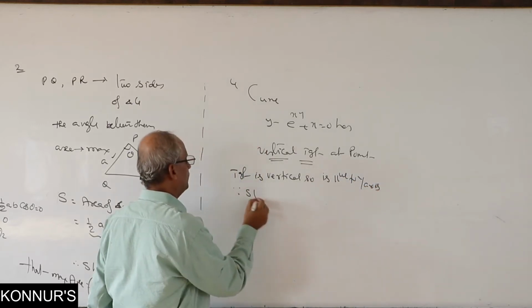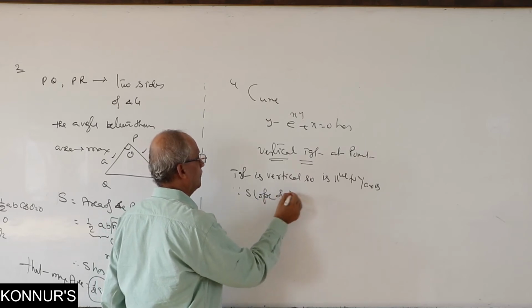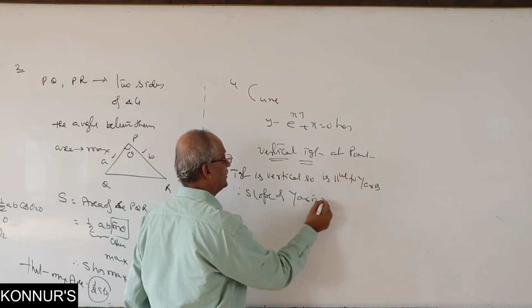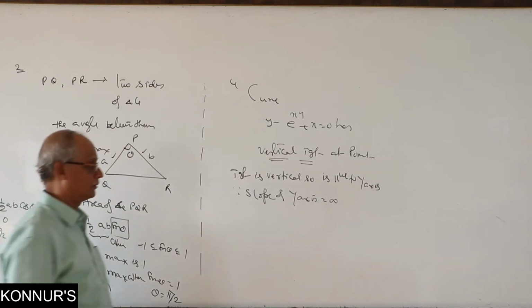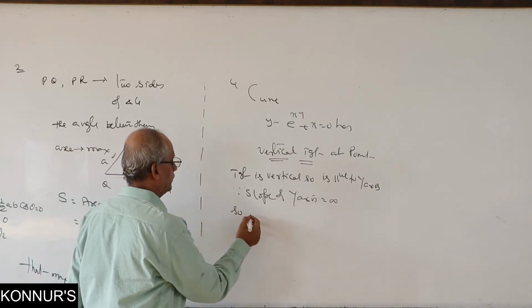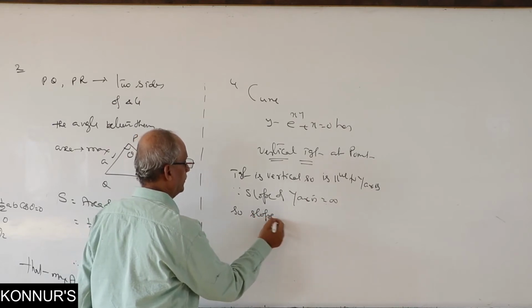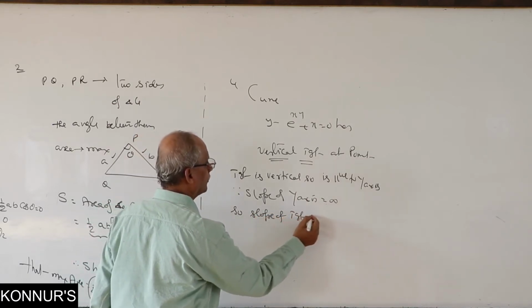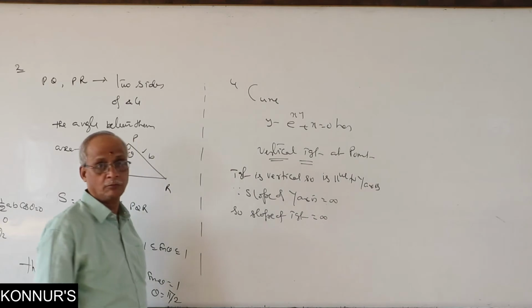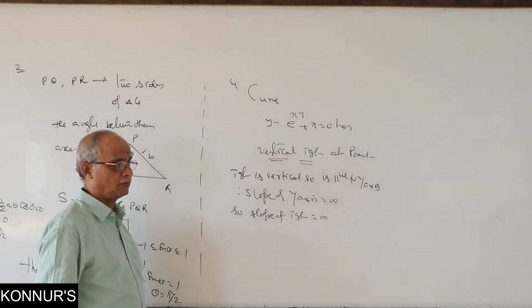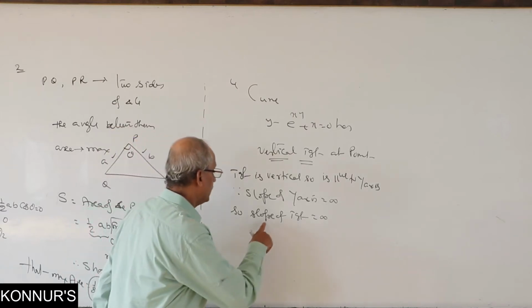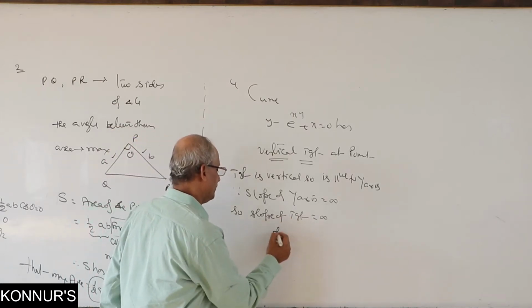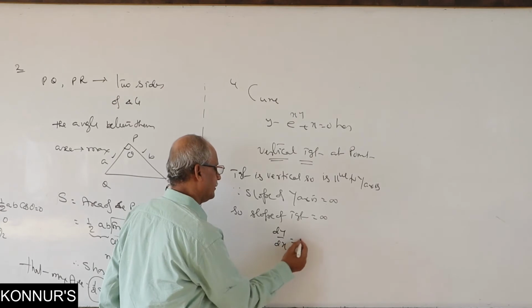Since the slope of the y-axis is infinity, the slope of the tangent must be infinity. The slope of the tangent must be infinity means, what is the slope of the tangent symbol? dy by dx must be infinity.